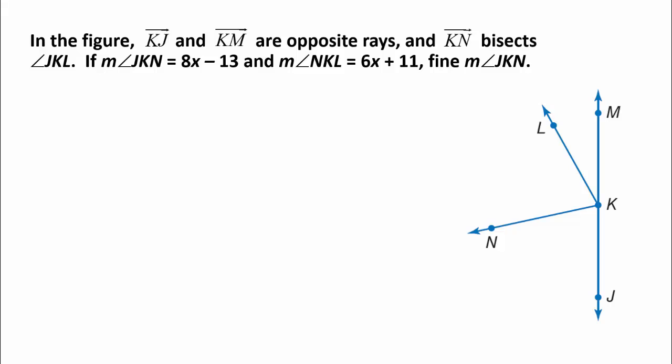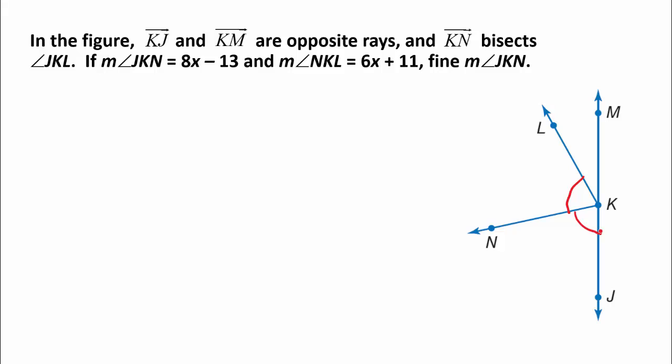In this final figure for this lesson, we've got ray KJ and KM that are opposite rays, and ray KN bisects angle JKL. So before we go on any further, since KN bisects angle JKL, we can now say that these two angles are congruent to each other.